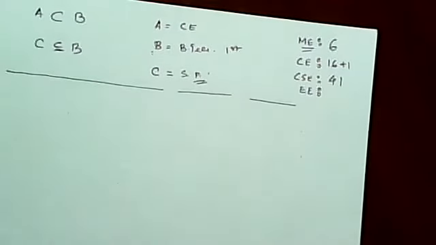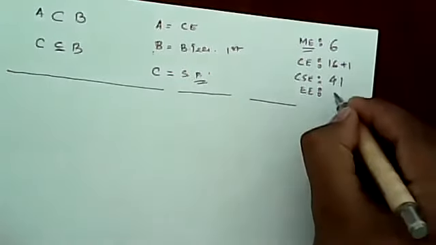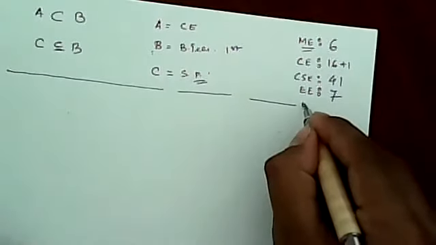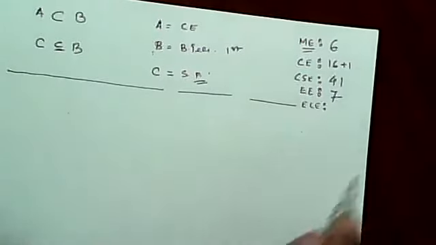Double E people, raise your hand. 1, 2, 3, 4, 5, 6, 7. Okay, lower your hand. So EC, can I have the number?